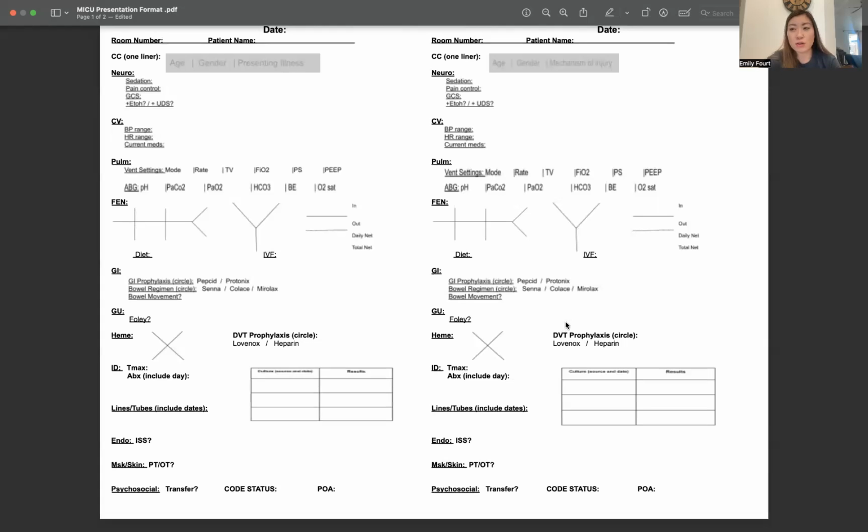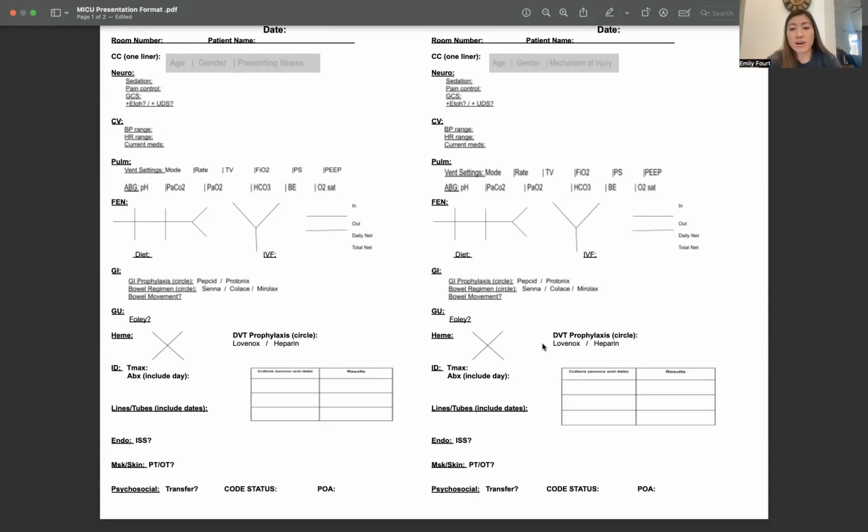I will briefly describe the use of this form. Again, don't use it if you don't want to, but hopefully at least understanding the way we do system-based rounding will be helpful. Usually when you're on wards, you'll be doing a problem-based SOAP presentation. Sometimes in the MICU, you will still do that, especially in the simpler patients, but system-based rounding, depending on the attending, allows you to be very comprehensive.